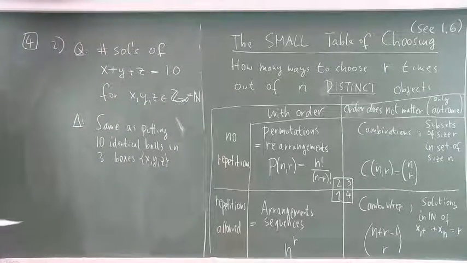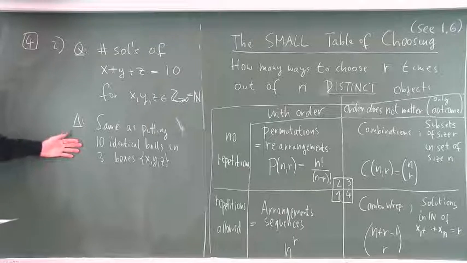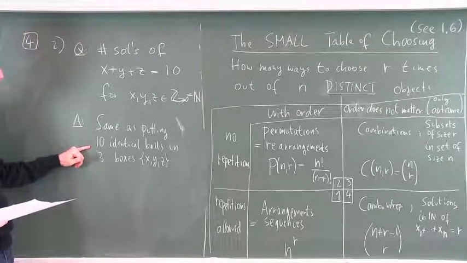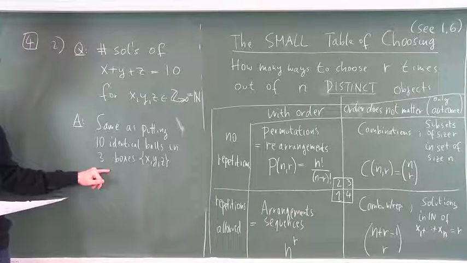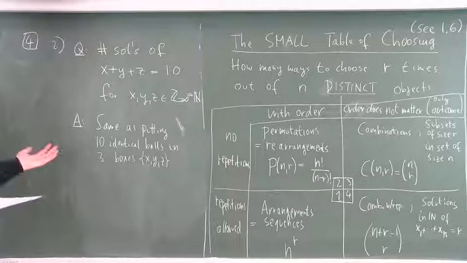I claim that this is the same as putting 10 identical balls in 3 boxes labeled X, Y, and Z. So why is this?